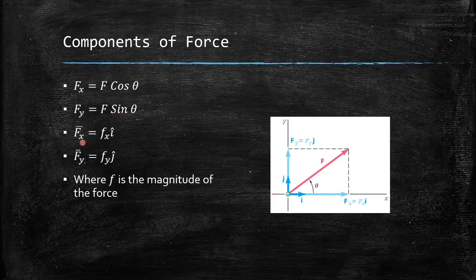In the vectorial form, I can say Fx is the magnitude Fx, that is this one, i cap, and Fy is magnitude Fy, j cap.